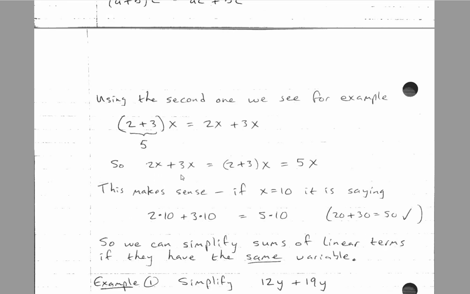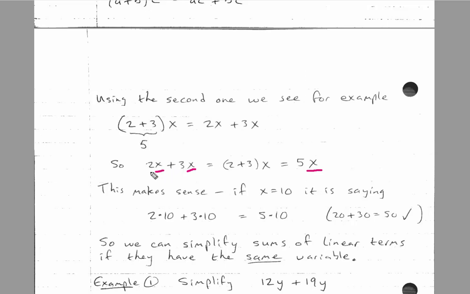So really the distribution rule is telling us that for situations like this, where you're adding linear terms, so 2x plus 3x, you can add those together and you get 5x. Okay, this only works when you have the same letter, the same variable, and you just keep that letter, and all you're doing is adding the numbers here.